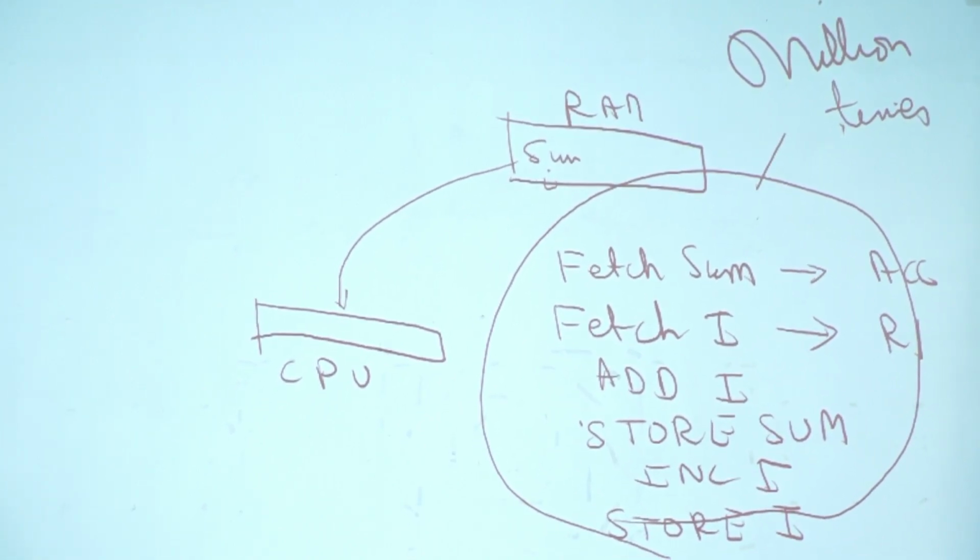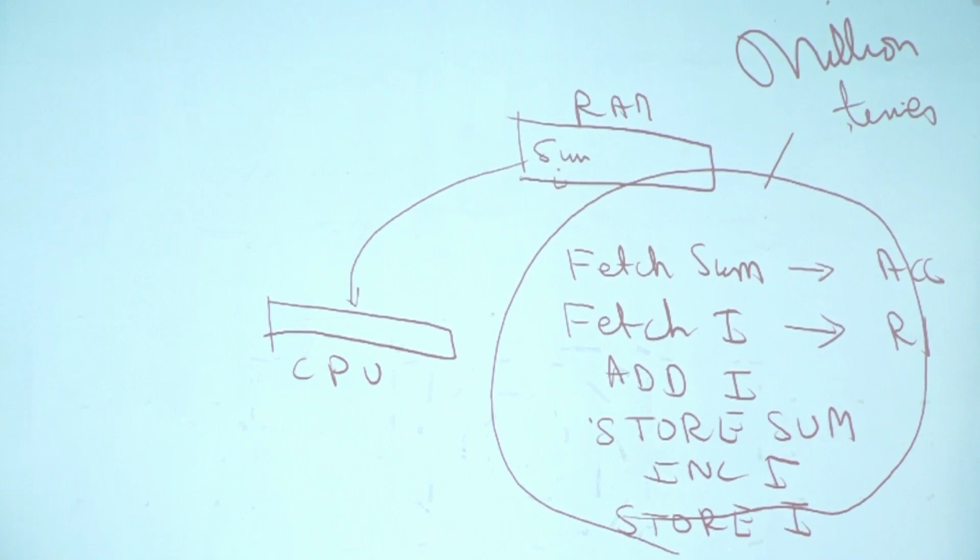Can you see this happening in this code? What I just wrote, I wrote a loop. But can you see this happening? Sum from RAM into accumulator, fetching I from the RAM into some register, and then adding that I to the sum, I am abstracting it, then putting the sum back, incrementing I because I is equal to I plus 1, and then storing I back.